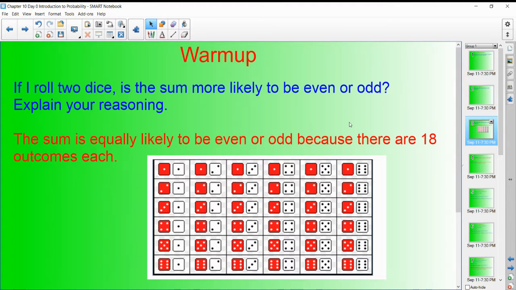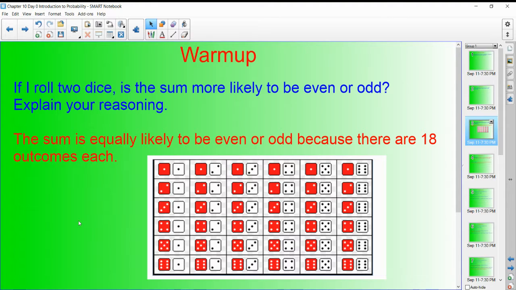Now, in reality, the sum is equally likely to be even or odd, because out of these 36 outcomes, I listed what we're going to learn as a sample space. There's 18 evens and there's 18 odds. So we'll call this a fair experiment. 50% evens, 50% odds.